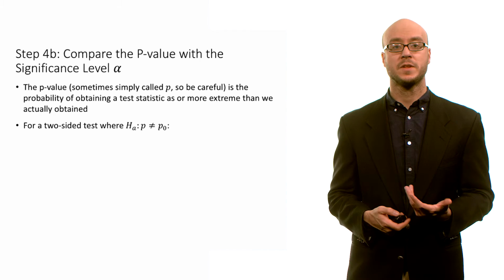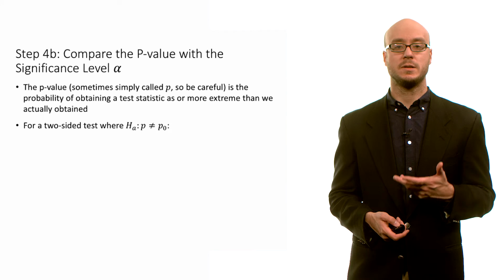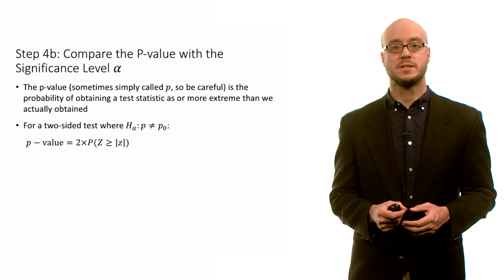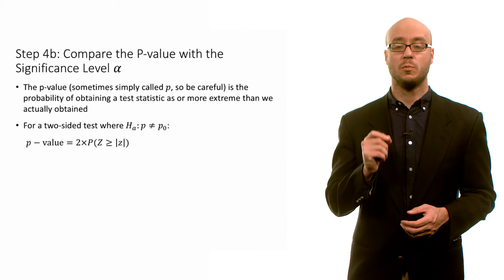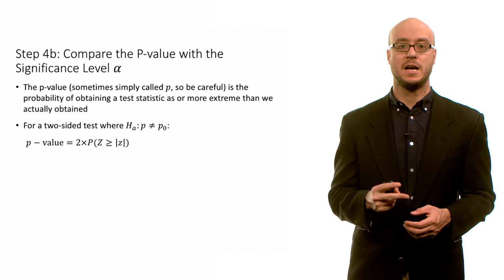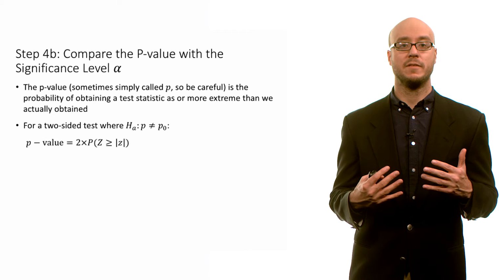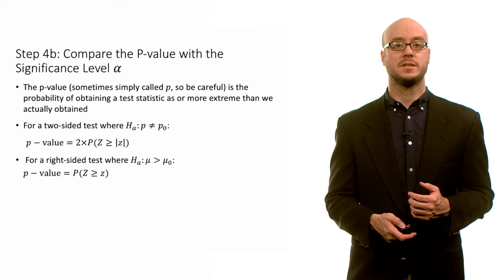So for a two-sided test, where the alternative is the population proportion does not equal the claimed value under the null, the p-value is simply the probability of obtaining a z-test statistic greater than or equal to the one we obtained in absolute value, times 2. We multiply by 2 because we want to take into account the fact that we might have really extreme positive or really extreme negative test statistics.